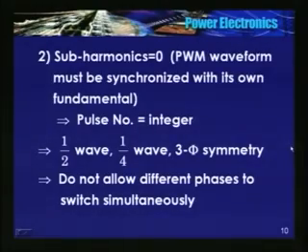Also, one should not allow different phases to switch simultaneously. I mean, when S1 is switching, you should not allow S3 or the complement of S3 in B phase, and in C phase S5 and the complement of S5, to switch.